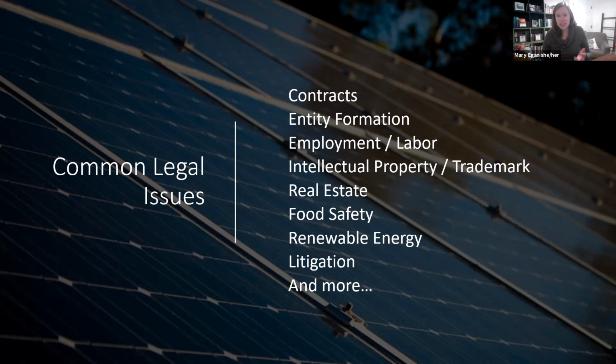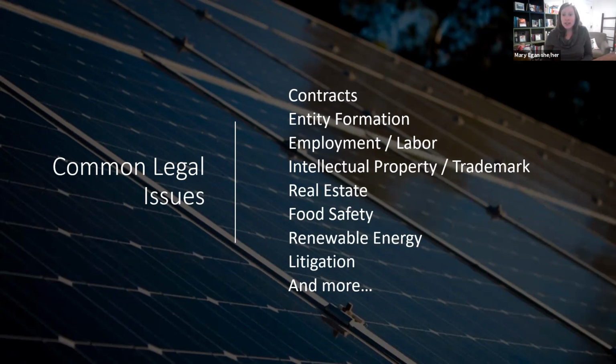And as Sarah pointed out, the more things that can be discussed and written down ahead of time, especially for business partners, the much smoother the partnership can run, right? Questions can all get answered up front of how are we going to be business partners. So entity formation is a huge one that we help farmers with.